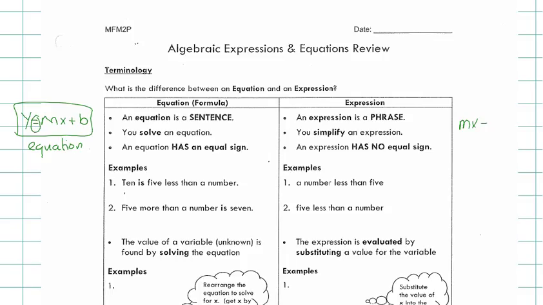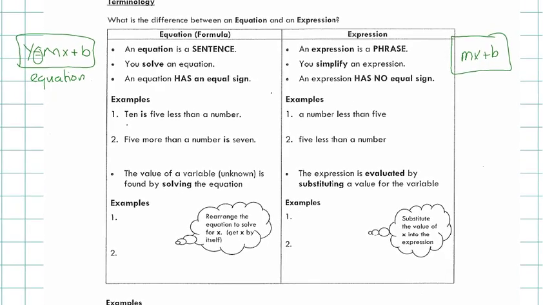This is an expression. Okay? There is no equal sign in this. You cannot solve an expression. There's no way you can solve it. There's no equal sign for you to be able to solve it. Okay? You can simplify it, but you can't solve it.